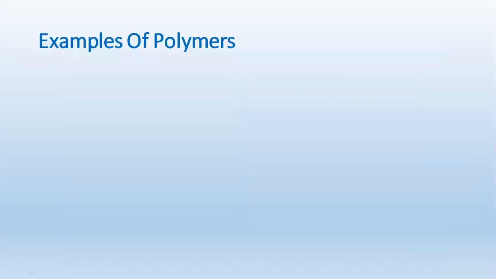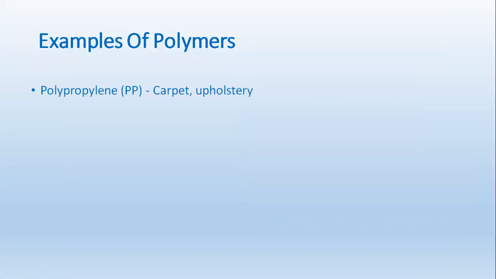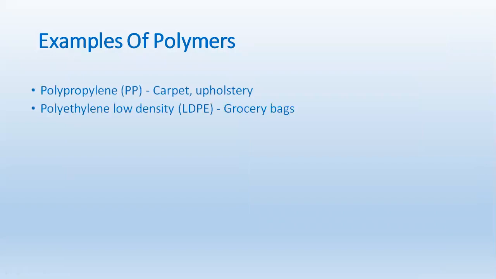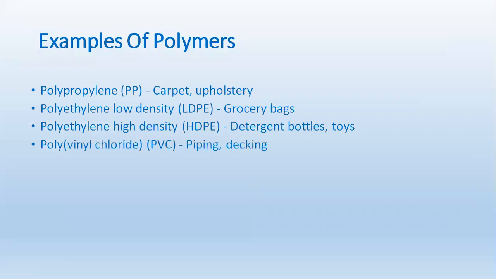Examples of polymers. Polypropylene: carpet, upholstery. Polyethylene, low density: grocery bags. Polyethylene, high density: detergent bottles, toys.